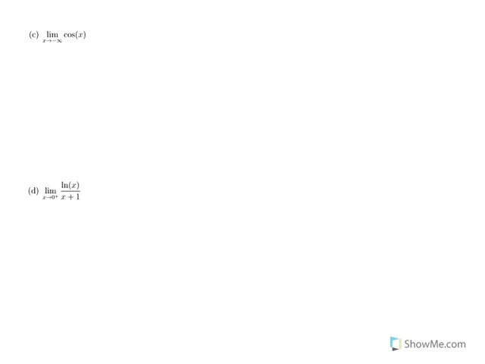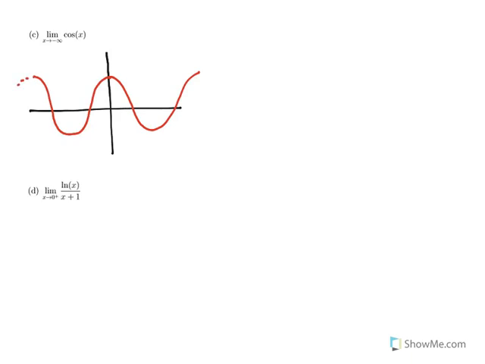All right, next one, limit as x approaches negative infinity of cosine. Let's graph cosine, and let's see what happens to this function. So, as x approaches negative infinity, when we trace the function, what happens?